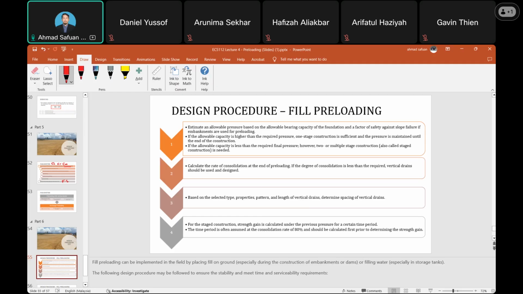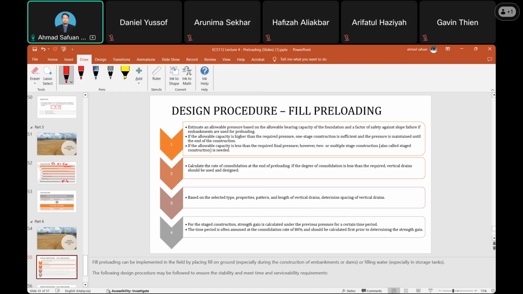So calculate the rate of consolidation at the end of the preloading. If the degree of consolidation is less than the required, vertical drains should be used and designed. Without having a vertical drain, we get what will be the rate of consolidation.